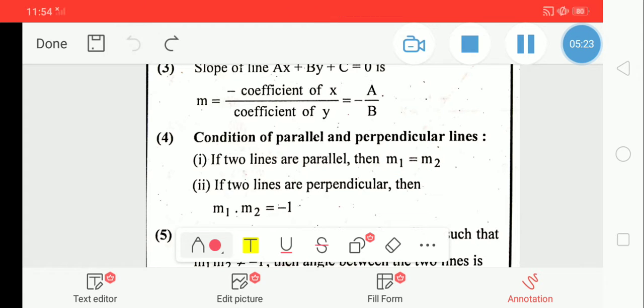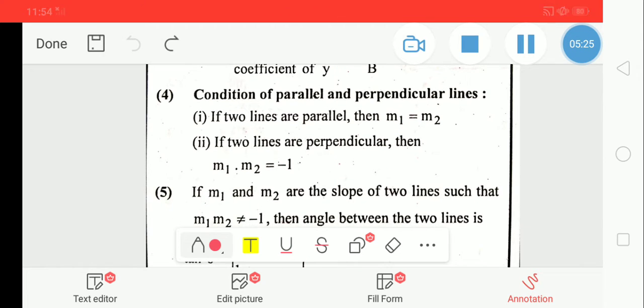If two lines are perpendicular, then m1 multiplied by m2 is equal to -1. ये हमने प्रूव किया है. When one line is perpendicular to another line, the multiplication of their slopes gives -1.